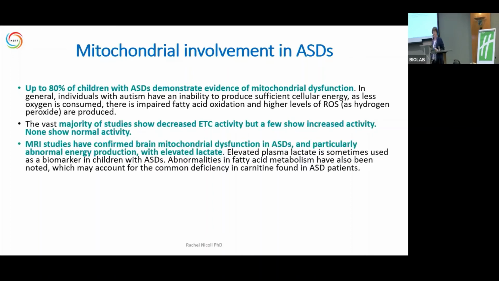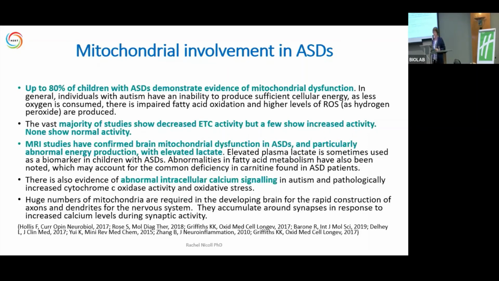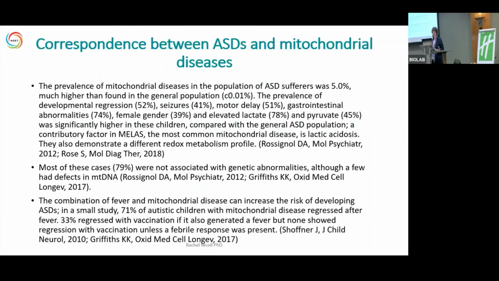And MRI studies have confirmed this brain mitochondrial dysfunction, particularly abnormal energy production with elevated lactate. Elevated lactate in the brain, that's not going to go down well. And there is also abnormal intracellular calcium signaling, of course. So there is a huge correspondence between ASDs and mitochondrial diseases. I'm not going to go into that now, but you can see some of the studies showing the correspondence here.